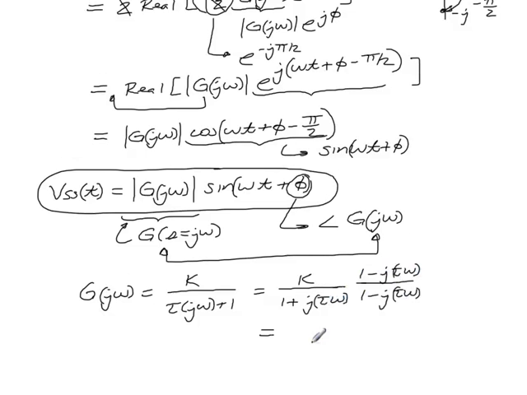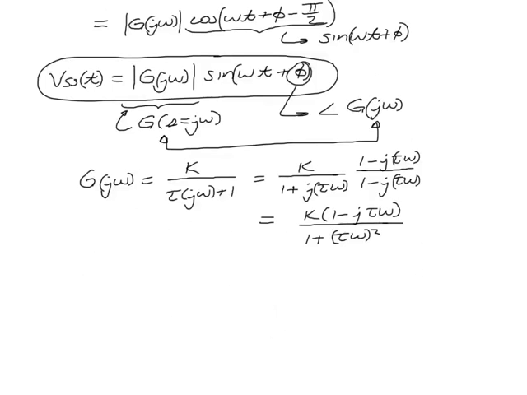So what I get on the bottom is 1 plus (τω)². I can get K times (1 minus jτω), like that.